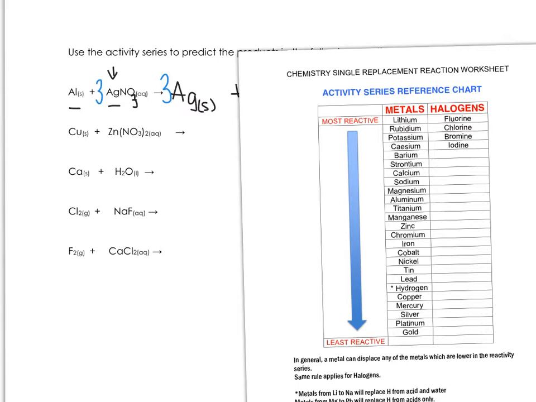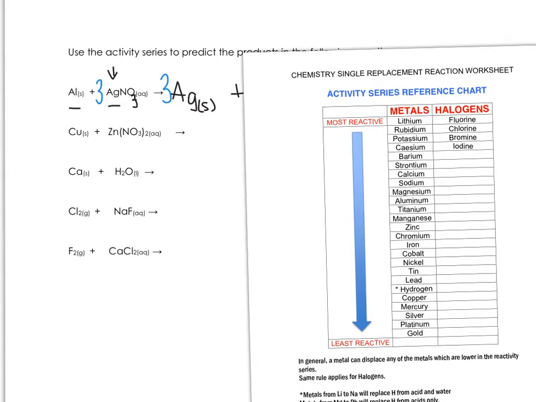And zinc. Here's copper. Here's copper. And here's zinc. So zinc is actually higher. Because the element is lower than the element in the compound, this reaction will not proceed.